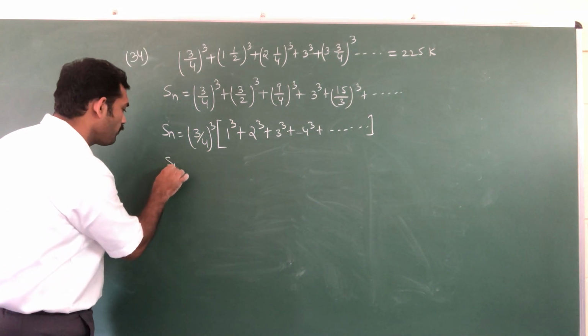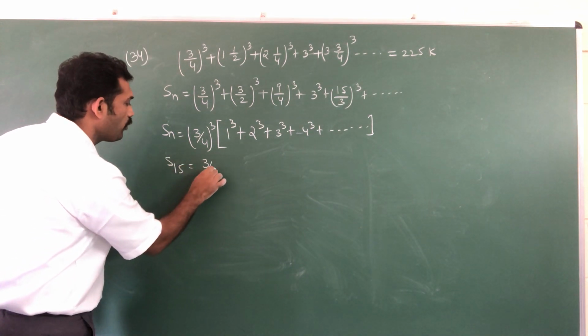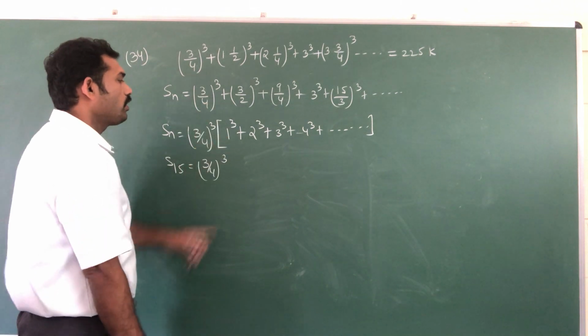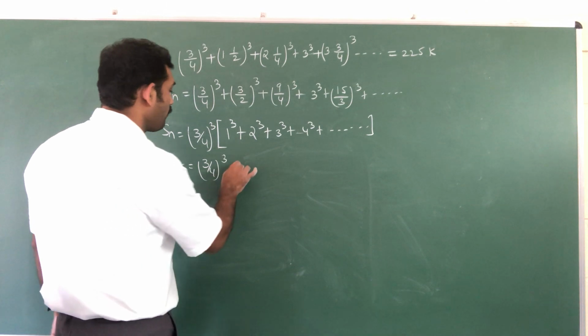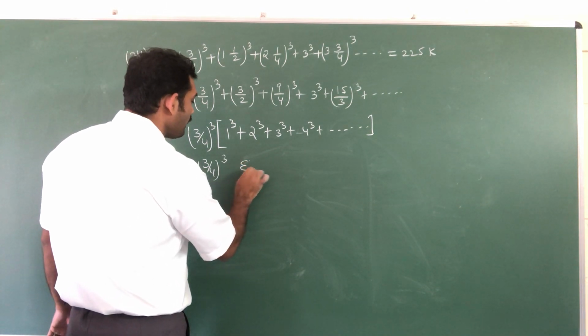So S15 is equal to (3/4)^3 times (1 cube plus 2 cube and so on), which is sigma n cube.